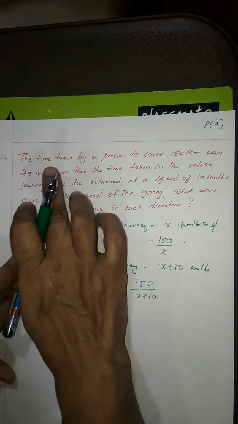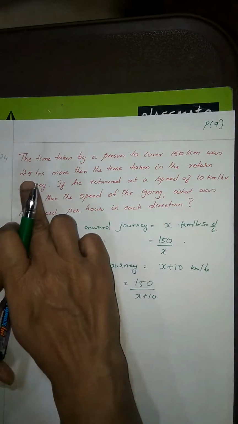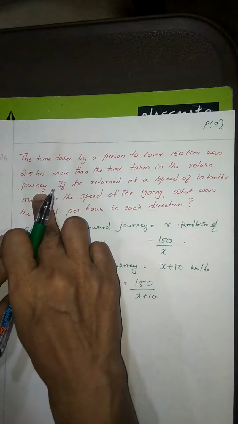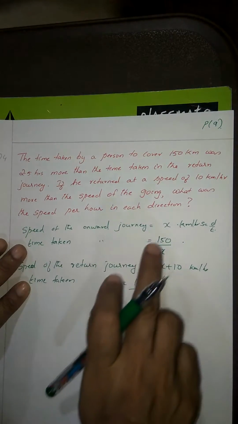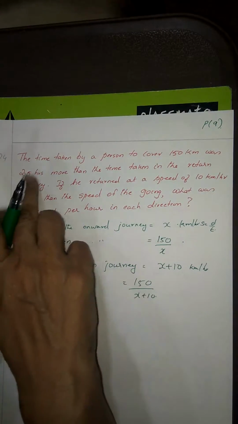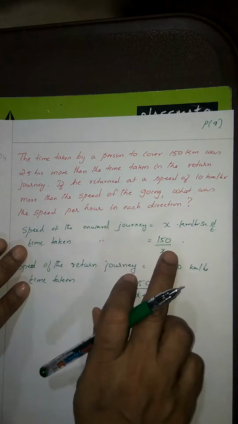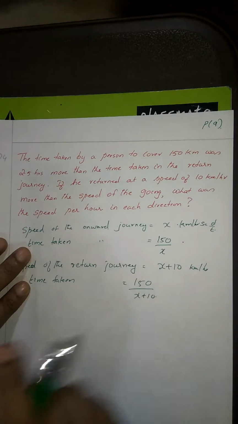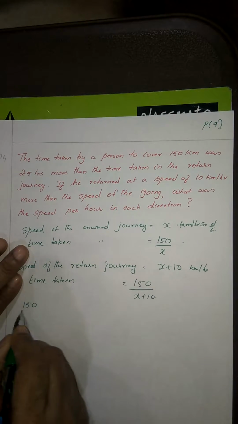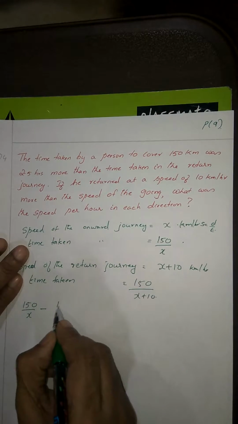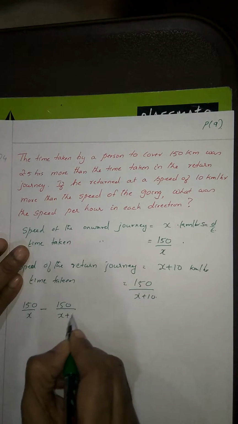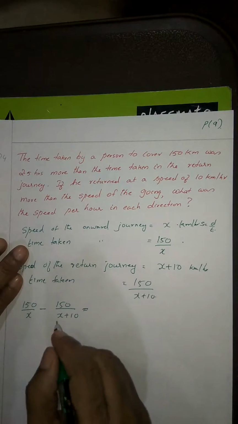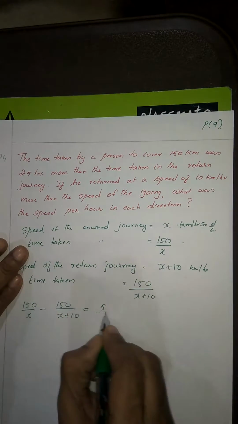Here the time taken was 2.5 hours more than the time in return. So the difference between these two times is 2.5 hours, and the time taken for the onward journey is more. So we write 150 by x minus 150 by x plus 10 is equal to 2.5 hours, that is 5 by 2.